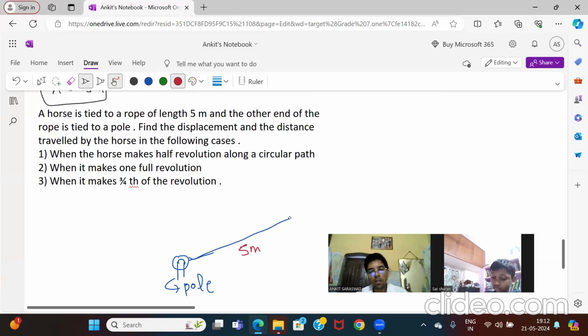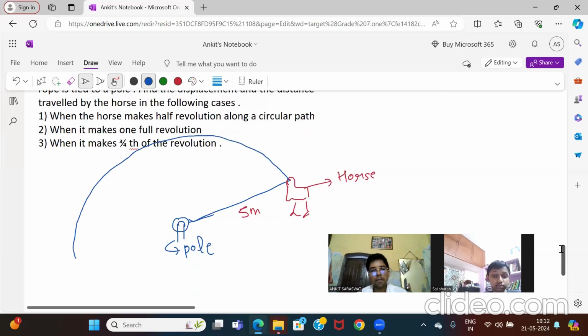Now they are saying the horse is making half revolution along a circular path. Half revolution means it is going like this, half. This is 5, this is also 5.